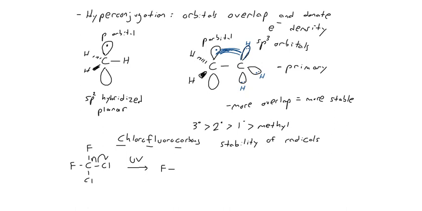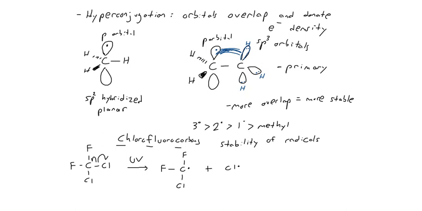Remember, homolytic cleavage forms radicals. So we end up with a carbon radical here, and then maybe a chlorine radical as well. I'm omitting all the lone pairs, but I hope you can understand where those lone pairs are. If you need more review on drawing Lewis dot structures, you can take a look at my video on Lewis dot structures and bonding.